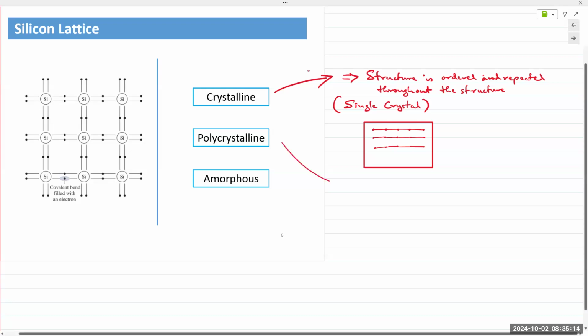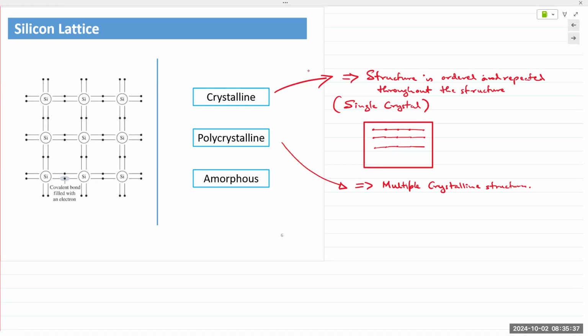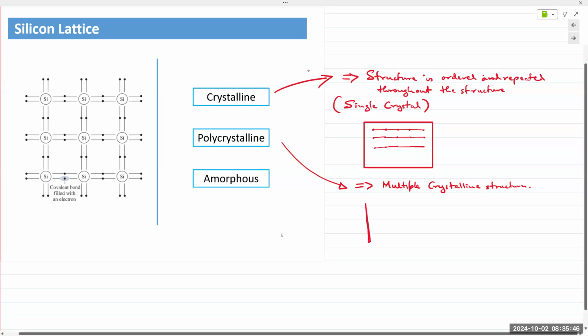Polycrystalline material is basically a structure that has multiple crystalline structures inside. Meaning there are crystalline portions in the material. They are ordered in segments, but they are not repeated throughout the material, hence polycrystalline. So an example would be something like this.